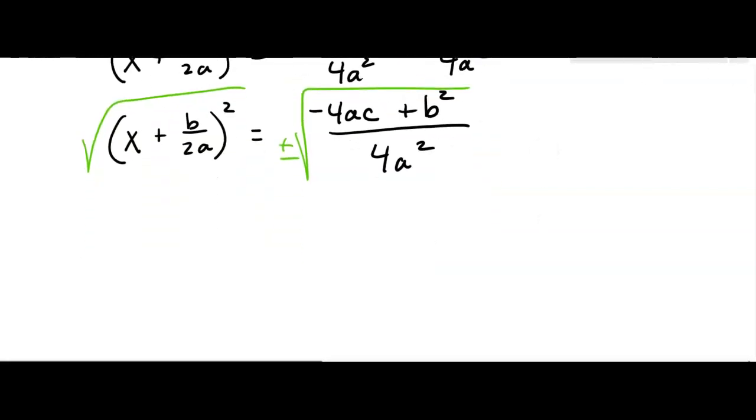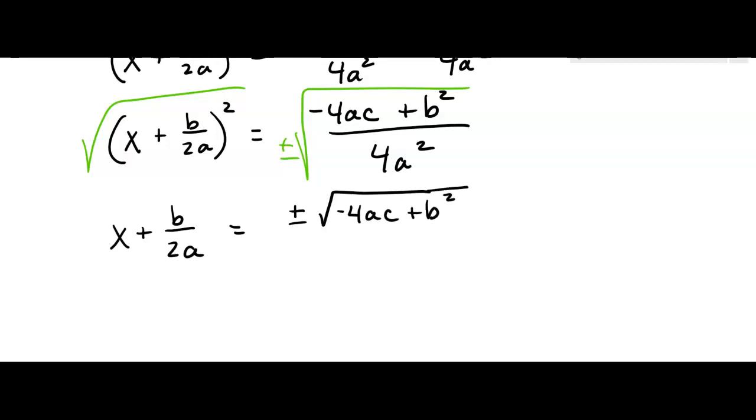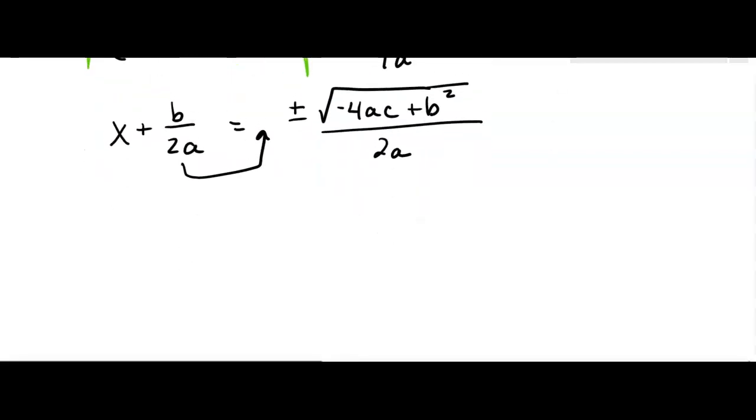On the left, we have x plus b over 2a. On the right, the numerator is going to be plus or minus the square root of negative 4ac plus b squared. And then the denominator, I can actually take the square root of that, and it's going to be 2a. All right. Now I just have to move this over into its spot. When I do that, it's going to become negative.